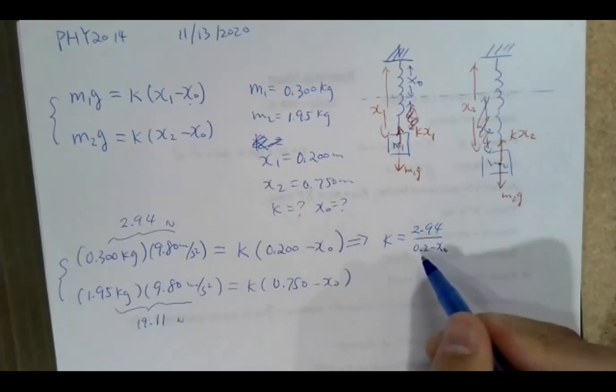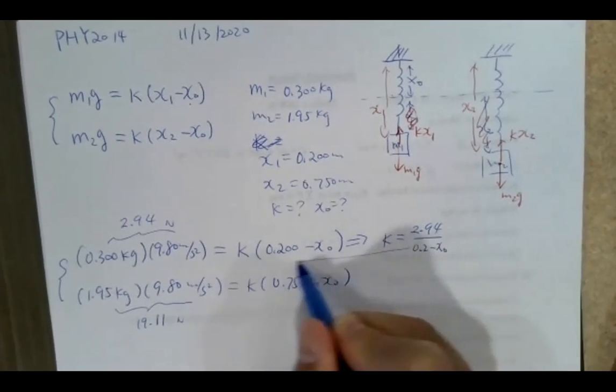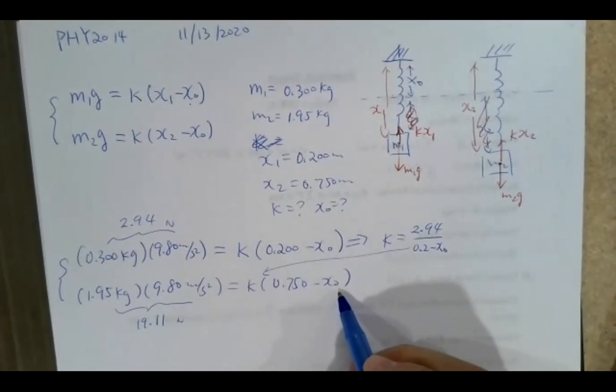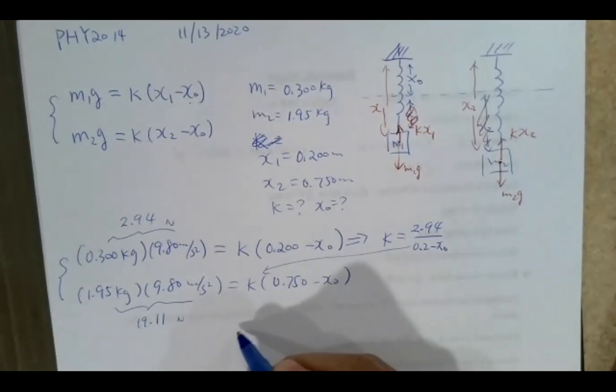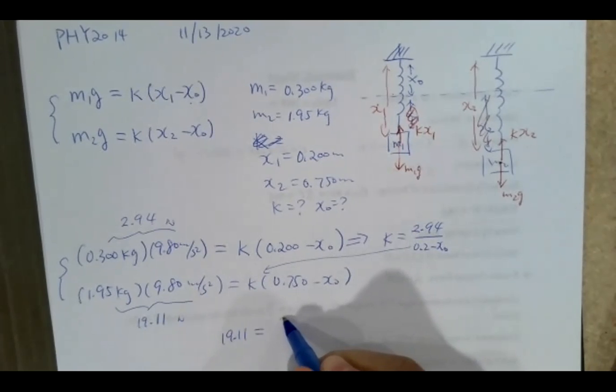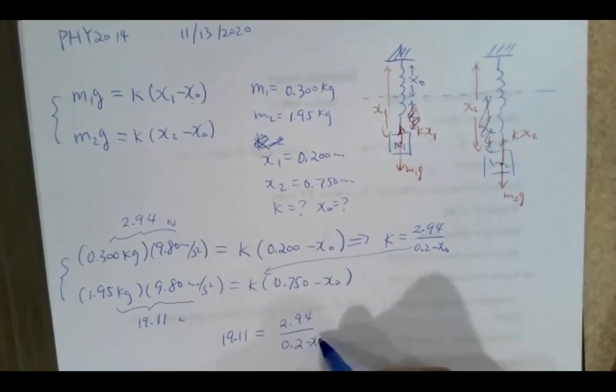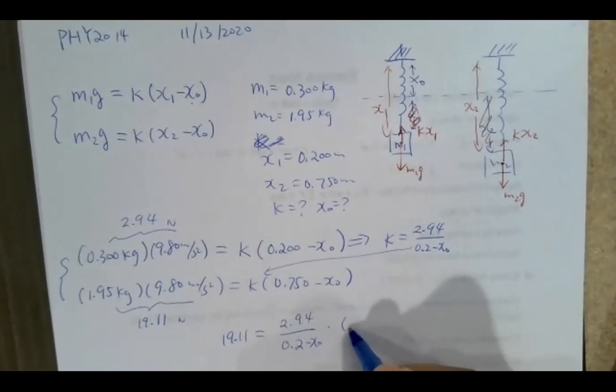Then replace k with this expression in the second equation. You'll solve for x naught first, and once you have x naught, you can solve for k. So the second equation will be 19.11 equals 2.94 divided by (0.2 minus x naught), multiplied by (0.750 minus x naught).